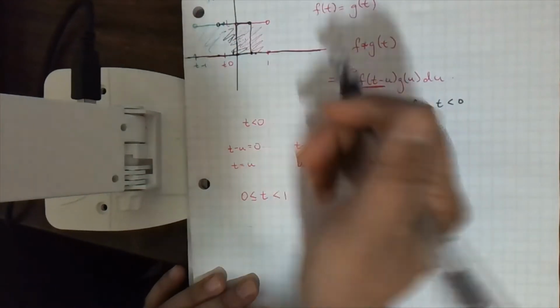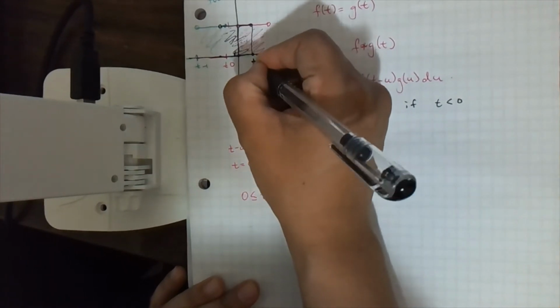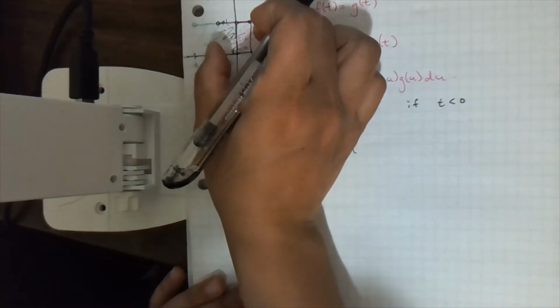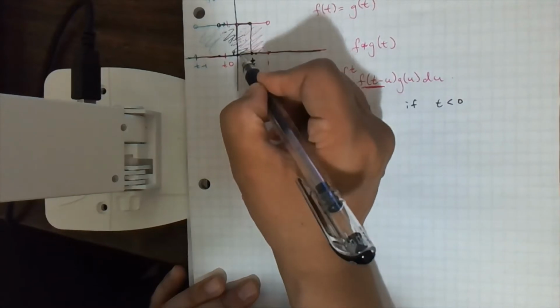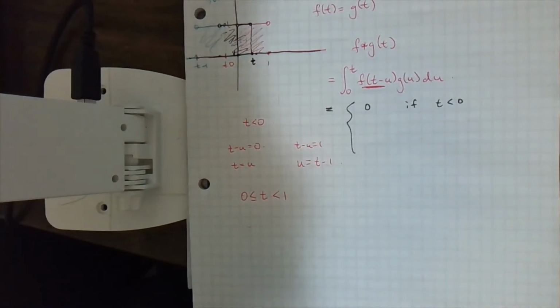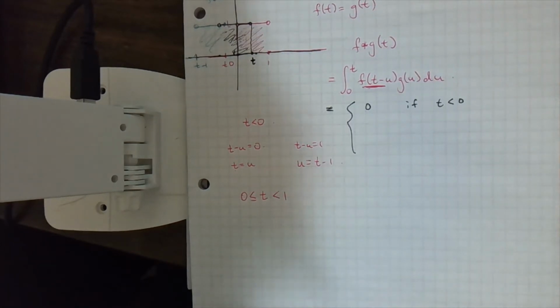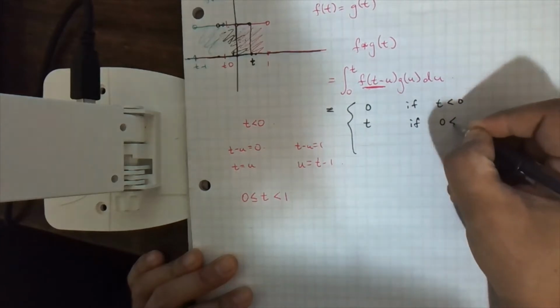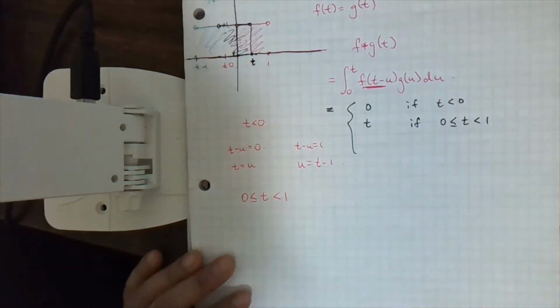And in general, because we graphed the t equals 1/2 case, we have a t by 1 rectangle where it's not 0. And so the area under the curve there is going to be t if t is between 0 and 1.